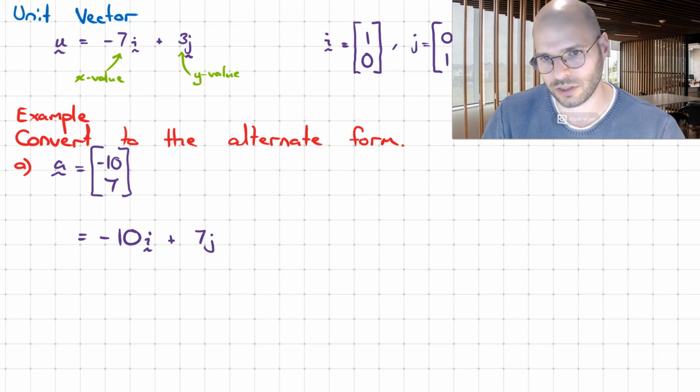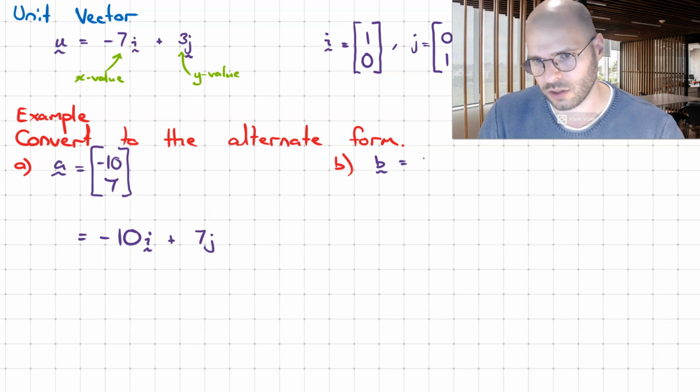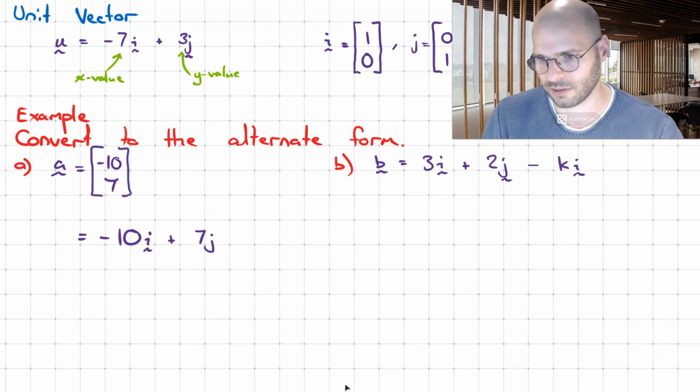Now the second one we could get, let's go B. Suppose we have vector B is equal to 3i plus 2j minus, let's say, ki. So we spice it a little bit. Notice that we have two i's, so these are like terms, and a j. We want to convert it into its component vector form.